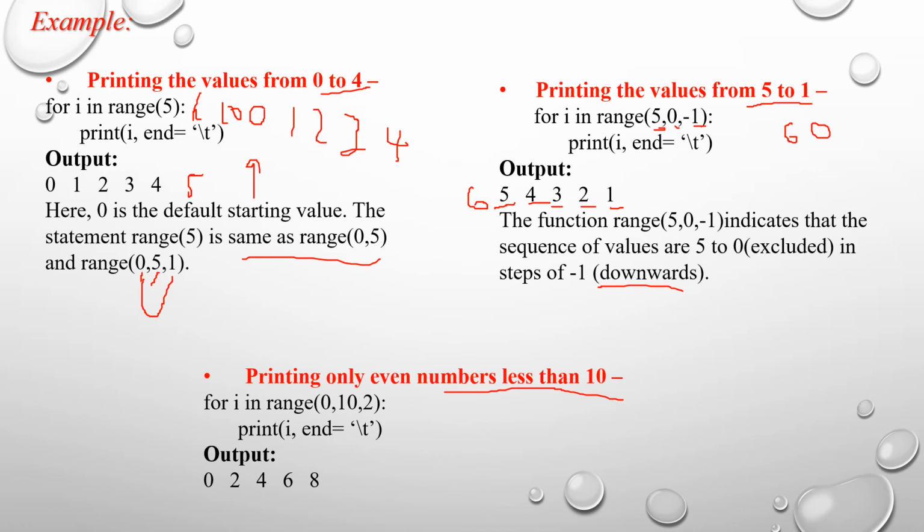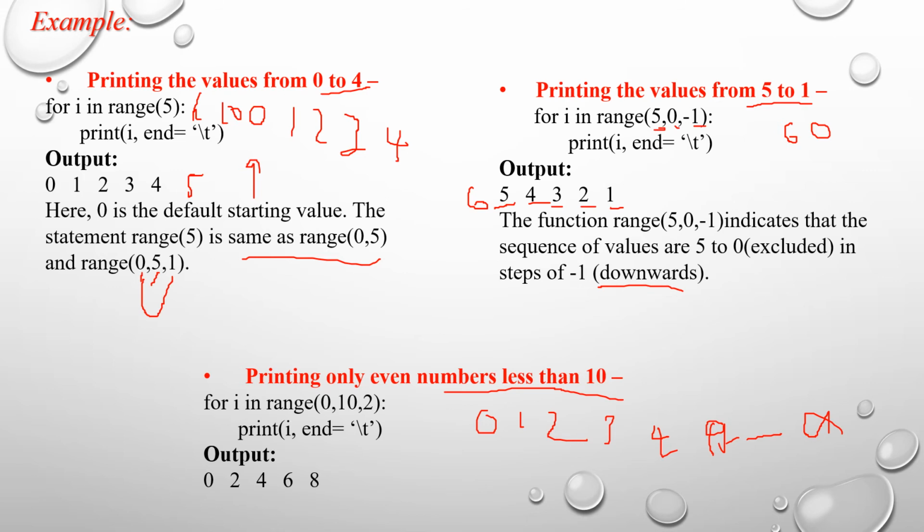So 0 is the starting value, 10 is the end value, and 2 is the step size. So we know that the values are 0, 1, 2, 3, 4, 5 and the end value is 9. So our intention is to print the even numbers less than 10.